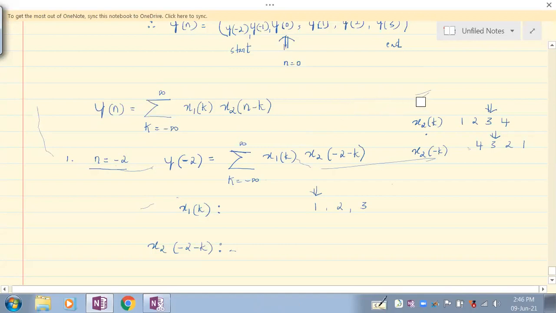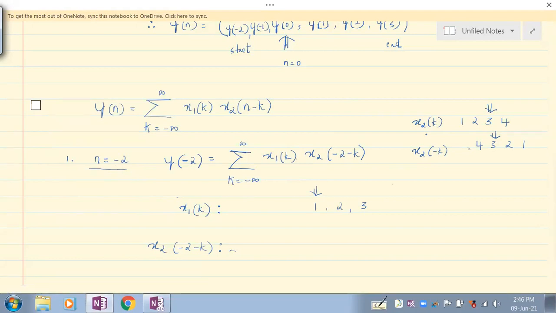I am giving you a shortcut method for obtaining x of minus k and x of minus 2 minus k. So x2 of minus k we obtained. What is x2 of minus 2 minus k? This needs to be understood.